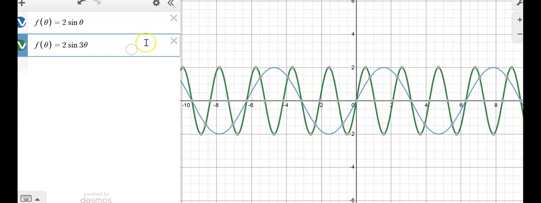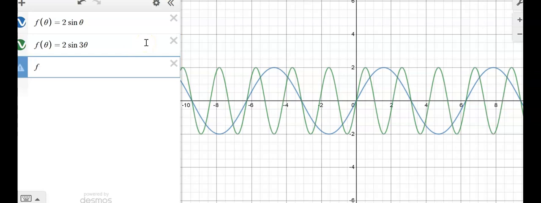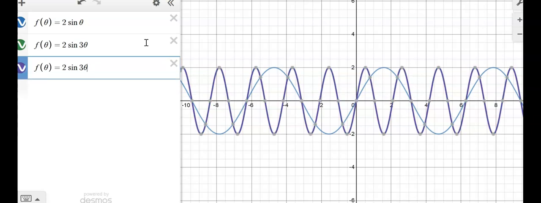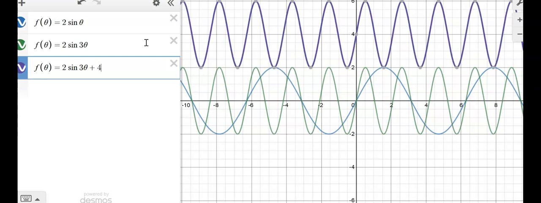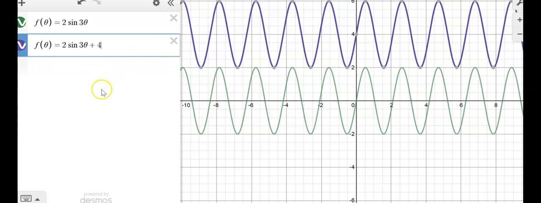Now let's do some shifting. Let's do some vertical shift first, then we'll talk about horizontal shift. So 2 sine 3 theta plus 4, and let's erase the first parent function.